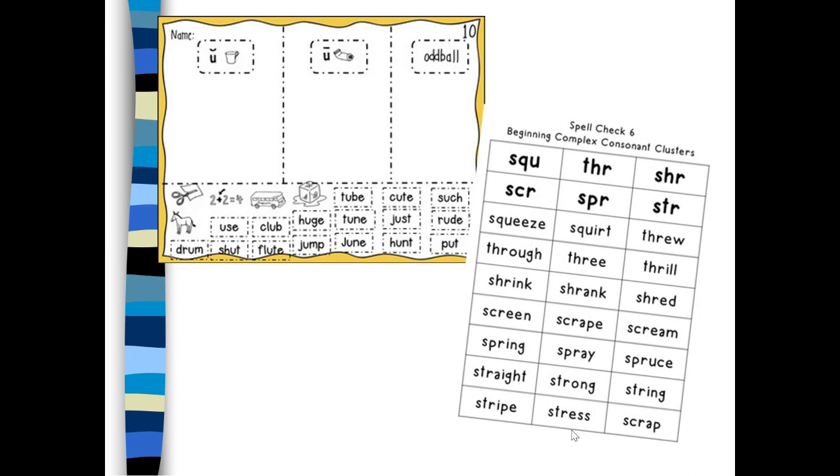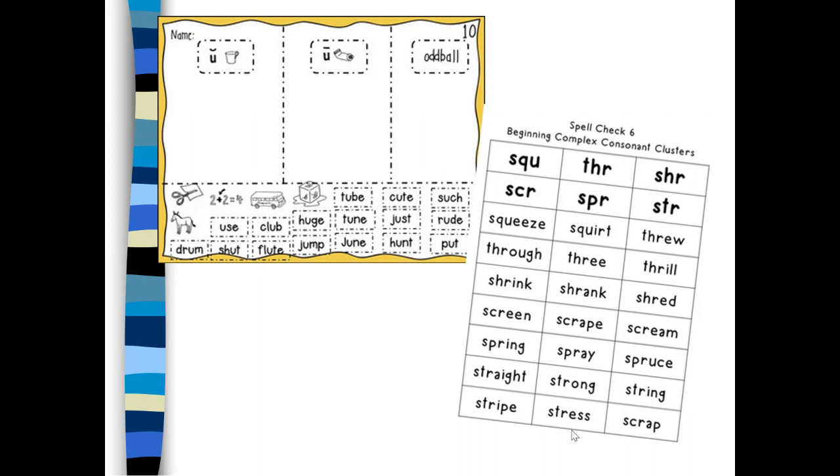For example, the word tube, T-U-B-E, makes the U sound whenever you say it. So I would put it in the second column because the U with the dash over it indicates the U sound.